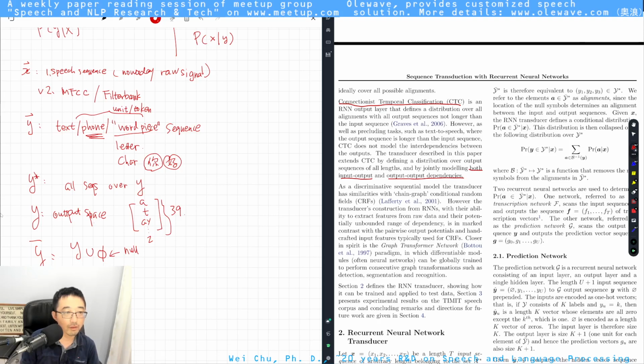I don't think you can see it here, so I do this: Y bar star. So for all the sequences, you might have y1, y2, y3. This is one sequence. And the y bar is one expanded one, could be this.